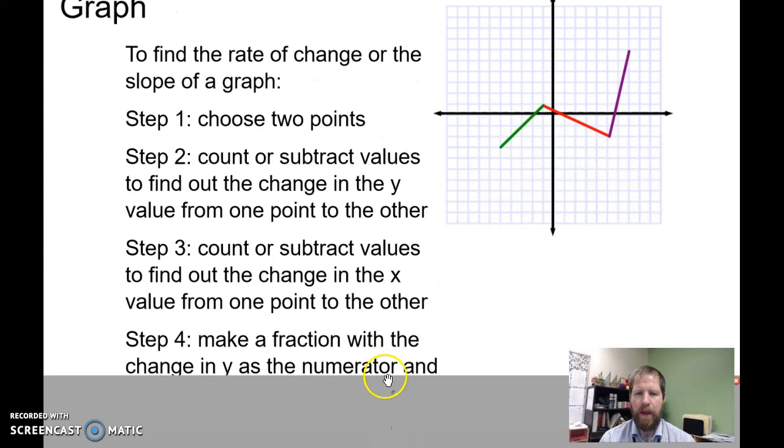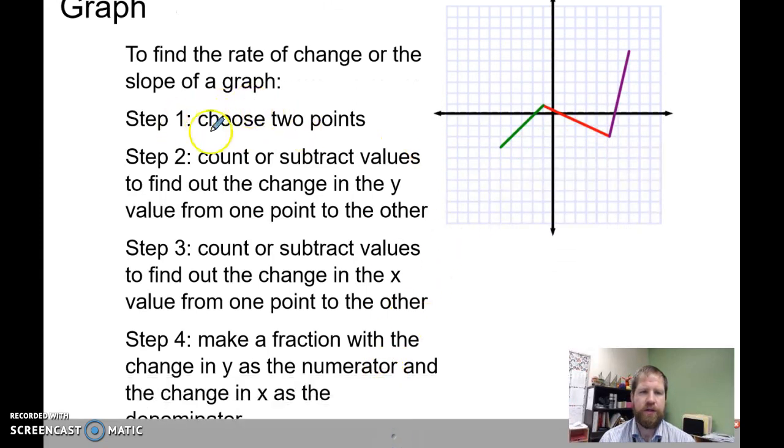The first thing that we're going to do is choose 2 points on our graph. I've done these in different colors so it's easy to see, but your points are generally going to be the end points before the slope changes.